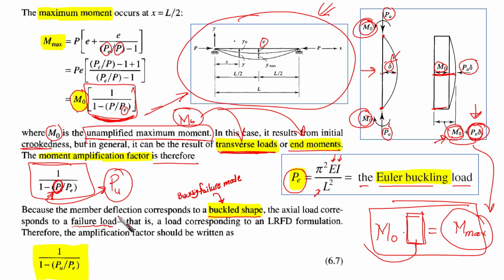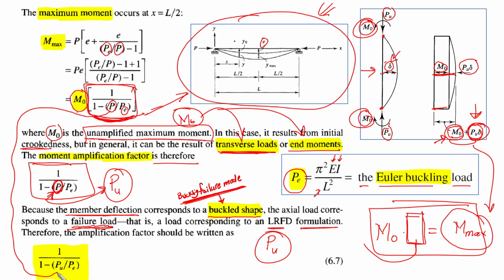Because the member deflection corresponds to a buckled shape, we're talking about the buckling failure mode. The axial load corresponds to a failure load, that is, a load corresponding to an LRFD formulation. So we use P ultimate in this case. In the amplification factor, because we are talking about the buckling failure mode, we need to let P be P ultimate.